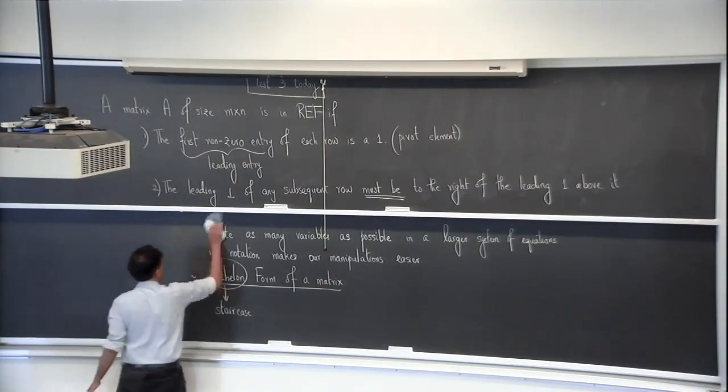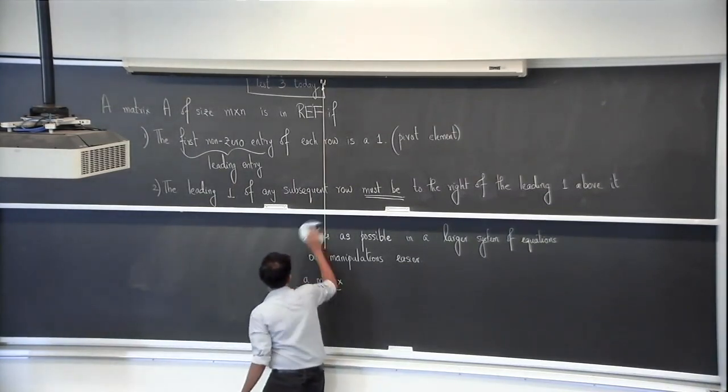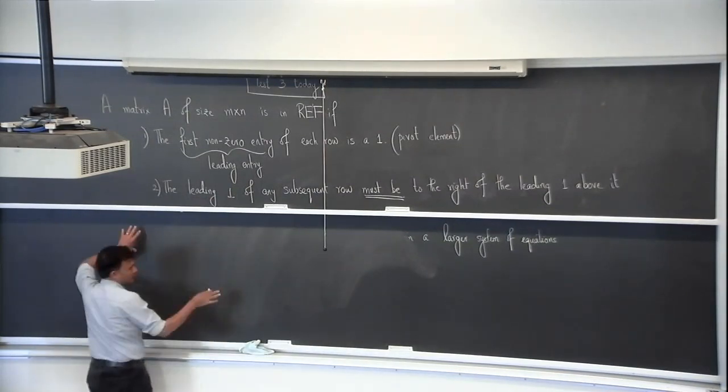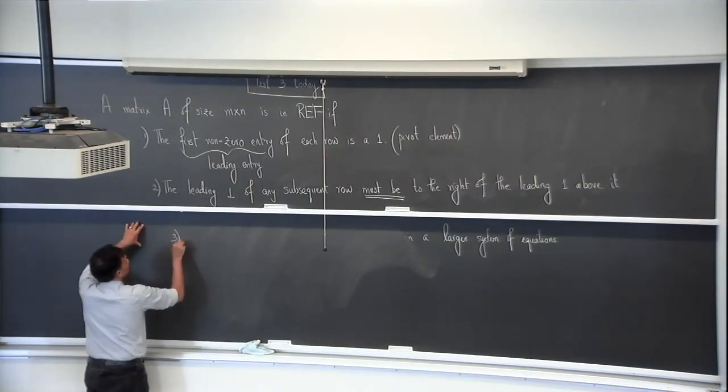And condition number 3 is that if there is any row that is full of zeros, that must be at the bottom of the matrix.